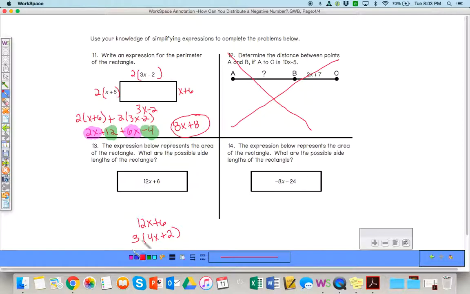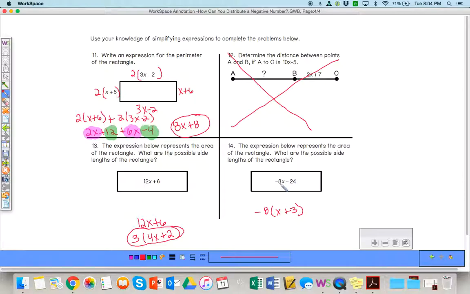And then this one, when we factor out, we could factor out a negative 8. So if I factor out a negative 8, on the inside we would be left with x plus 3.